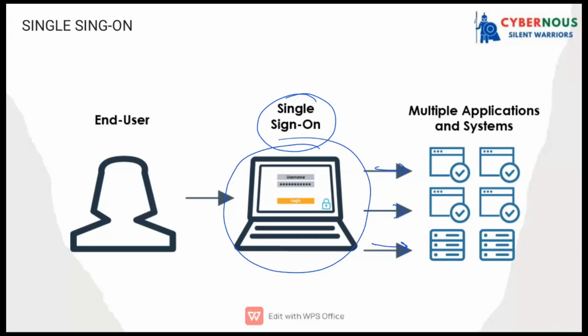It does not mean that the authentication is not happening. Authentication is happening anyway, but it is transparent to the user. The user doesn't need to type in different usernames and passwords. Only one single username and password, and you can use it.